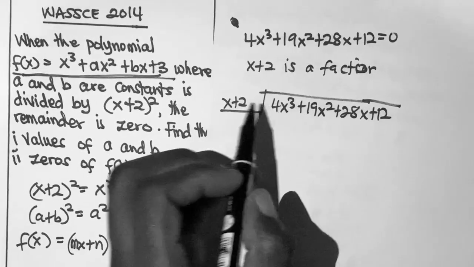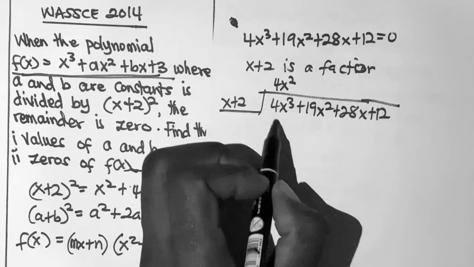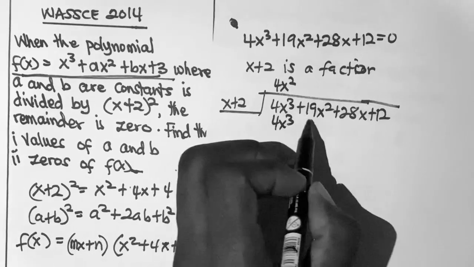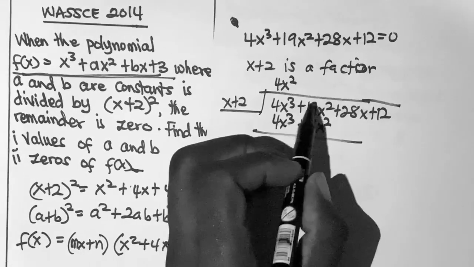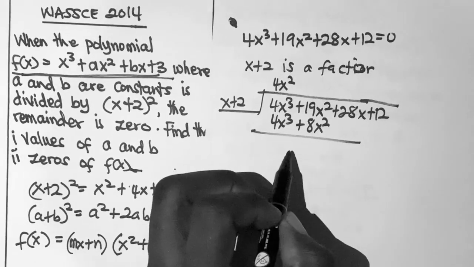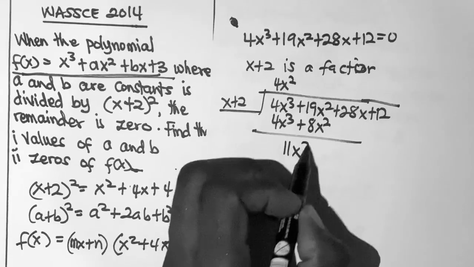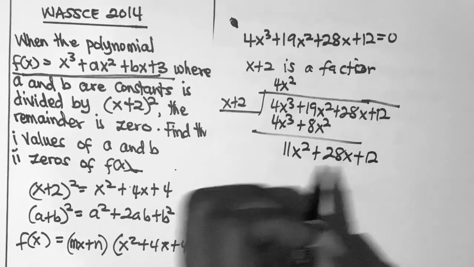So now 4x cubed divided by x is 4x squared. 4x squared times x is 4x cubed. Then 4x squared times 2 is 8x squared. So if we subtract, here goes to 0. 19x squared minus 8 is 11x squared, then plus 28x, and plus 12.